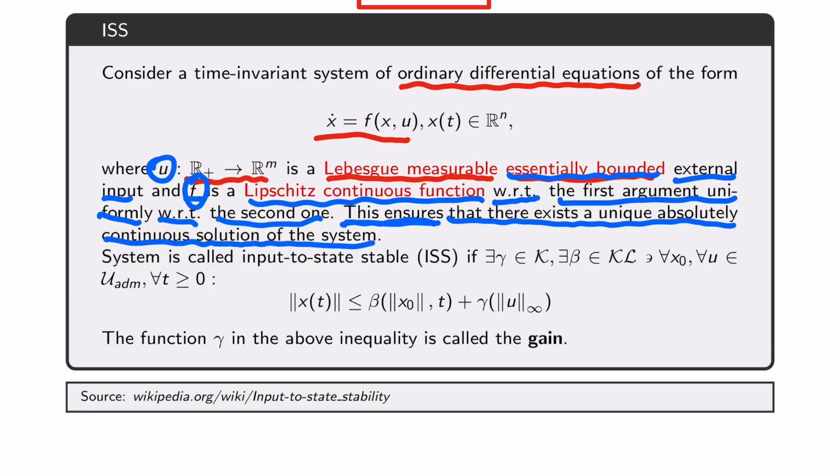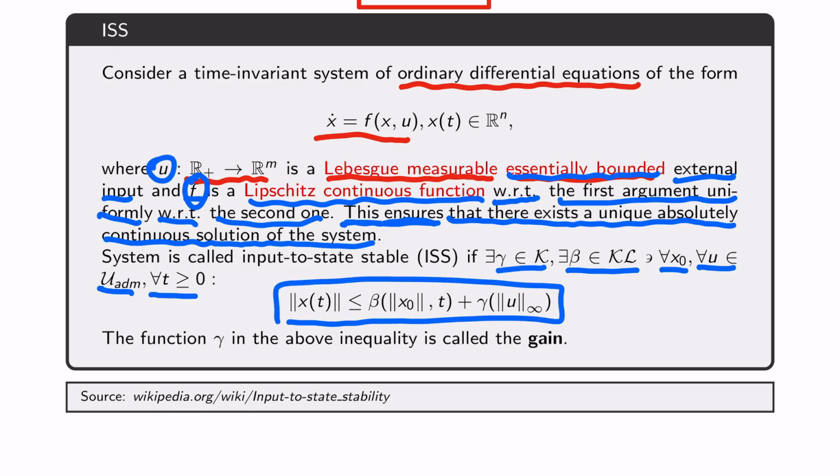okay, now here comes the math. There exists gamma of class K, beta of class KL, such that for all initial conditions and for all given admissible control signals, for all t, this is something that we need to satisfy.